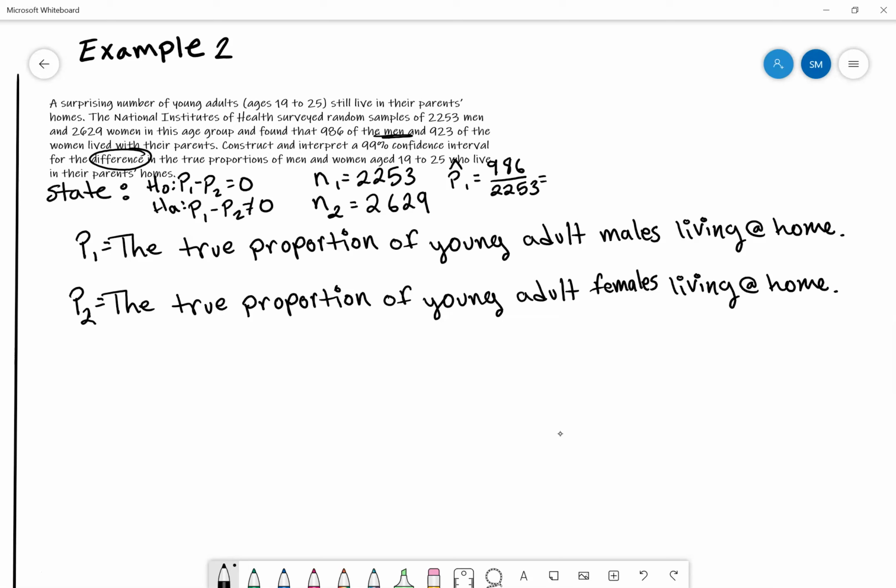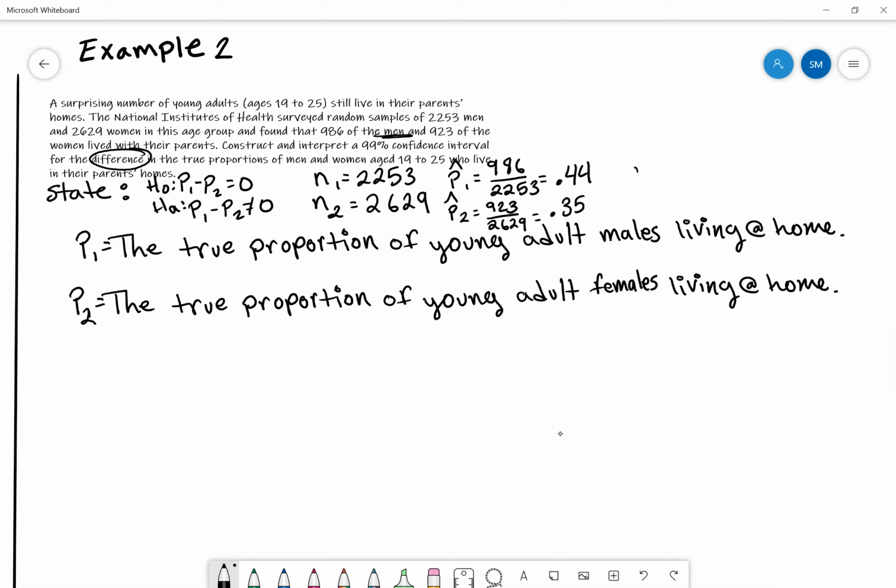It is a number less than 1. If you convert this to a decimal, you would get 0.44. For the women, that is 923 out of 2,629, which gives you a decimal of 0.35.